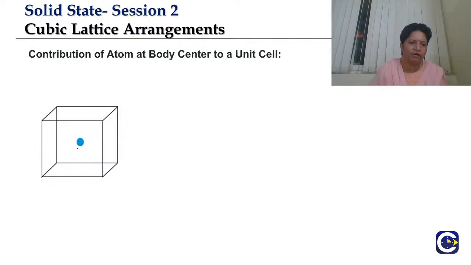When a lattice point is present at the center of the body, it cannot be shared by any other unit cell. So the contribution for an atom at body center will be equal to 1, because this cannot be shared by any other unit cell. Hope you understand.